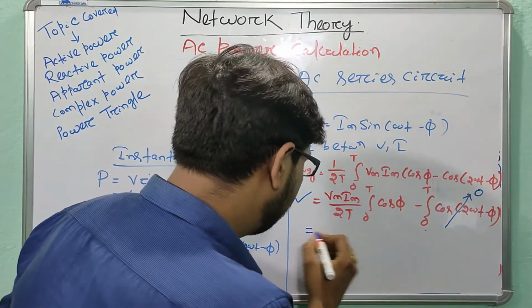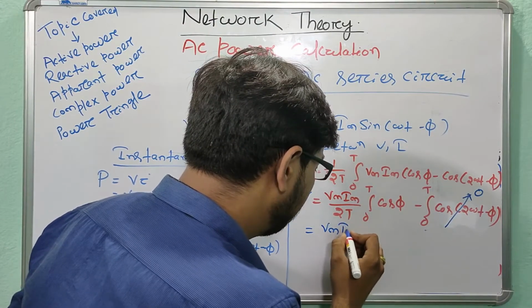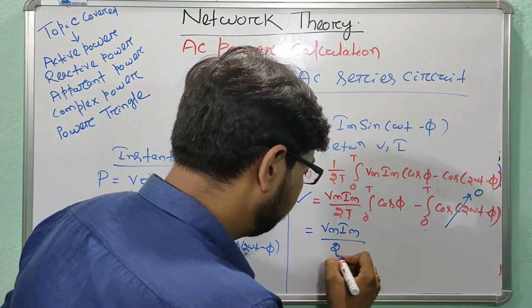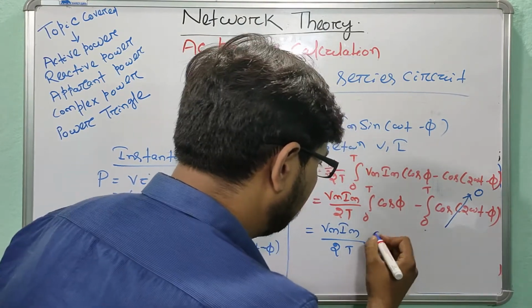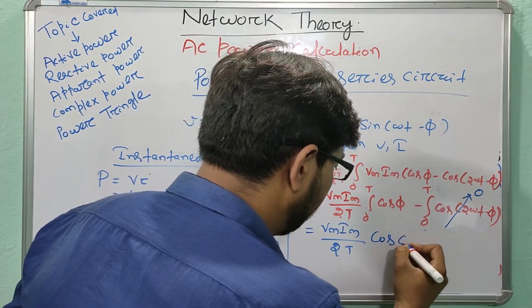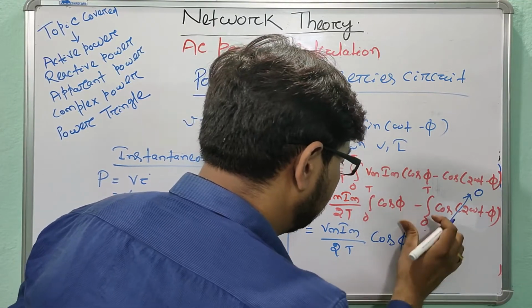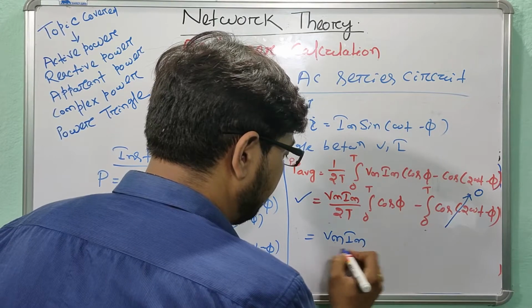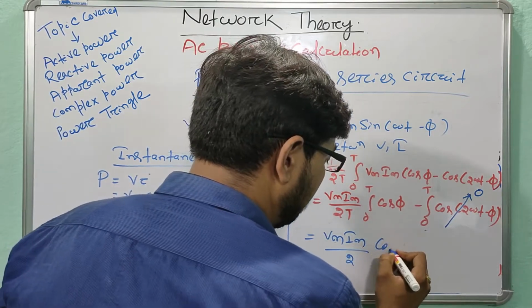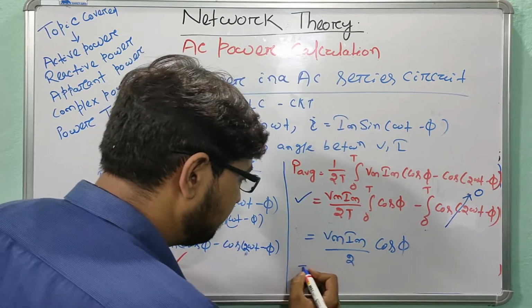Then I get the expression Vm Im by 2 pi, that is equal to cos phi times pi minus 0. Now I get Vm Im by 2 cos phi. Now what is my Vm Im?